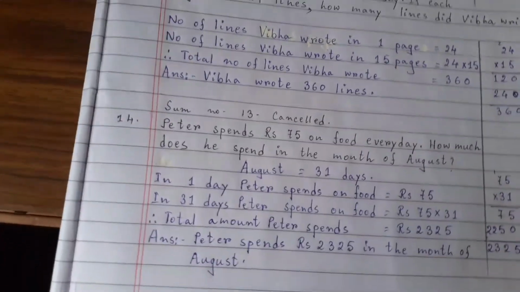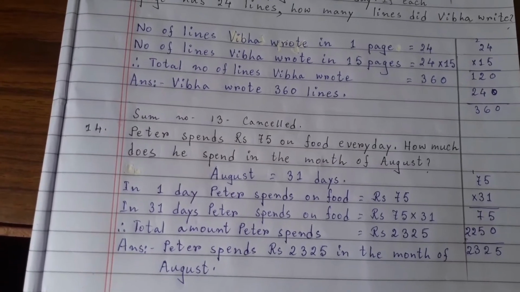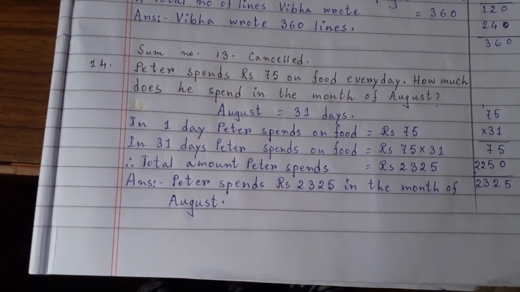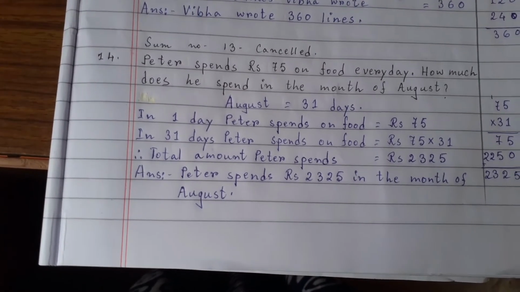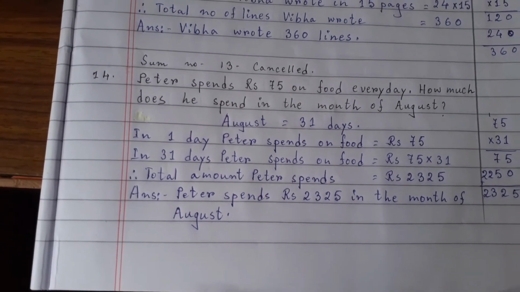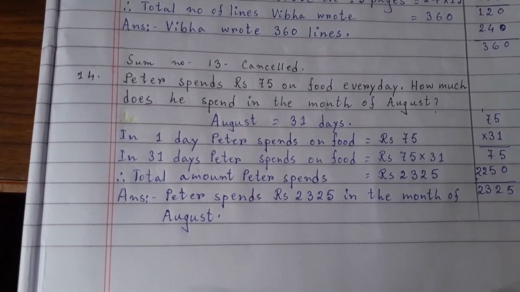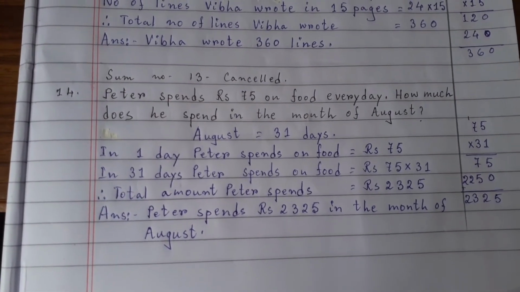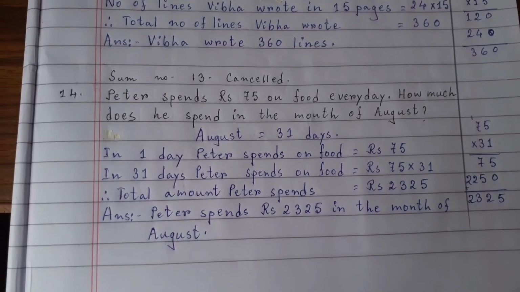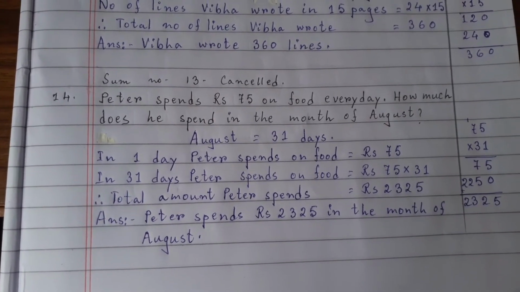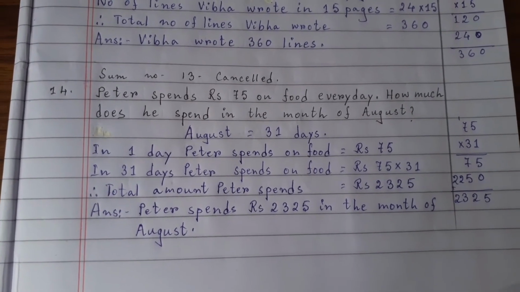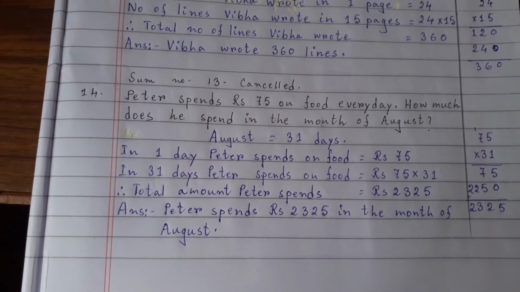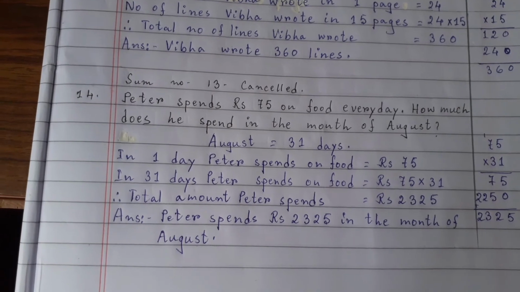Sum number 13 is cancelled. Now we will go to sum number 14. Peter spends rupees 75 on food every day. How much does he spend in the month of August? Now children, how many days are there in the month of August?